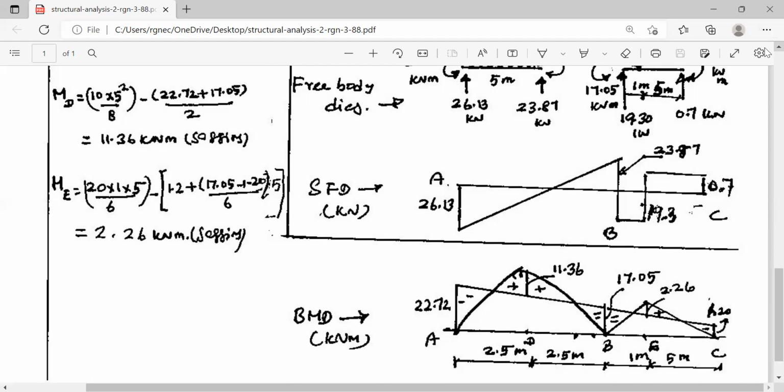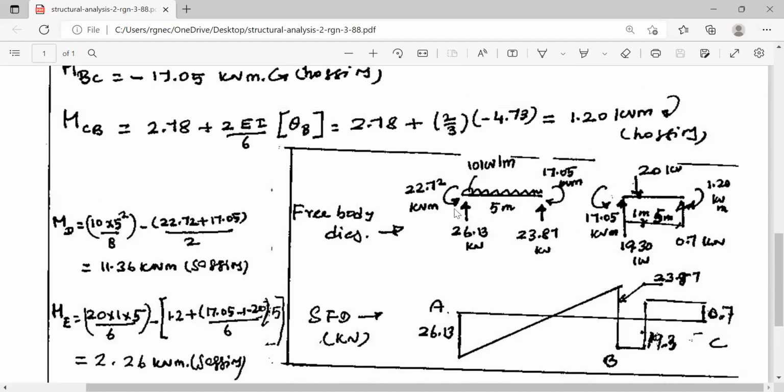And now we can draw the free body diagram also. For member AB, you draw the given loading diagram, that is 10 kilonewton per meter. You have the fixed end moments calculated as per the equations at left and right as 22.72 kilonewton meter and 17.05 kilonewton meter. Now, if you take moment about point A, you will get the unknown reaction B. This unknown reaction B will be calculated based on this uniformly distributed load as well as the moments 17.05 and 22.72.